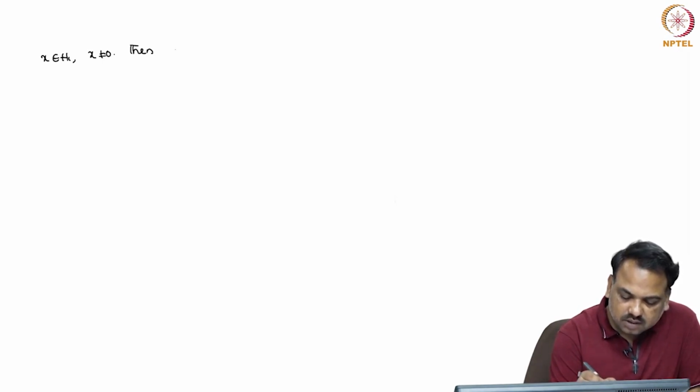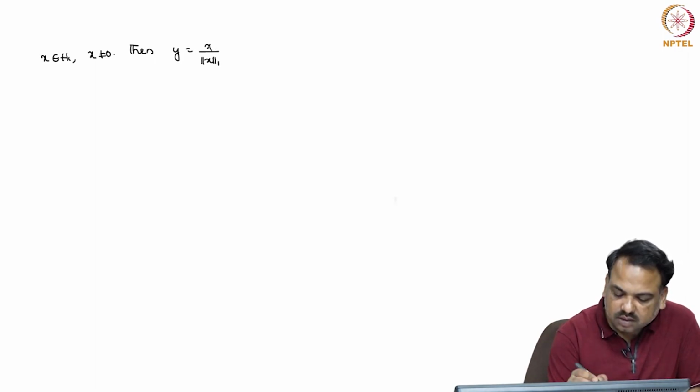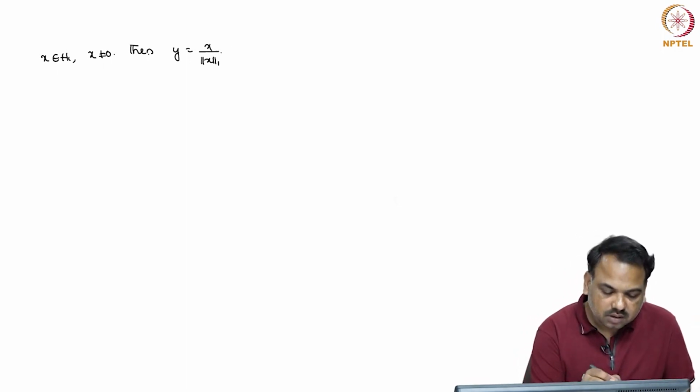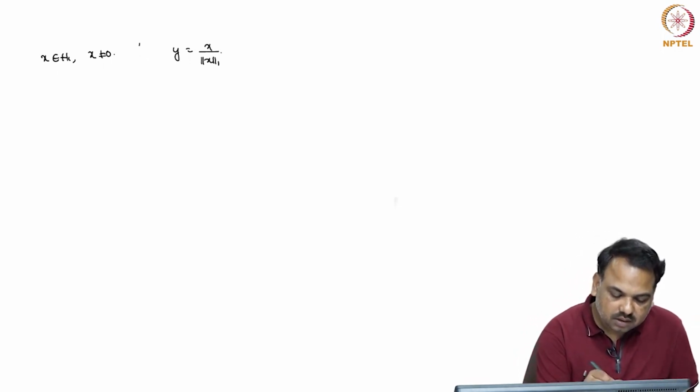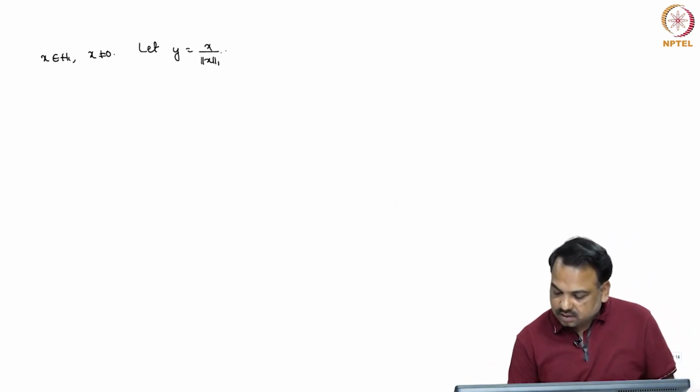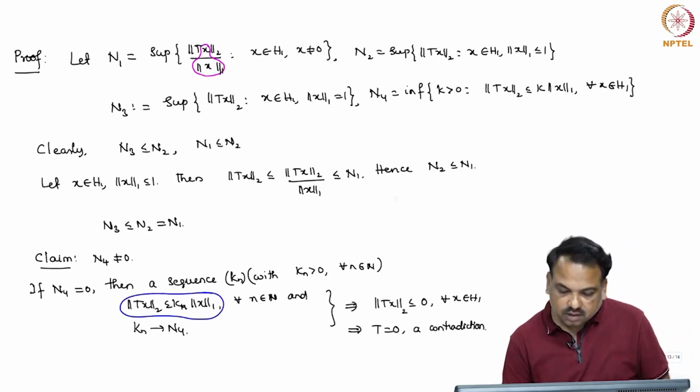Now, let us take x in H1, x non-zero, then let us look at y as x by norm x. So let us take y to be this one. Then look at the definition of n3.